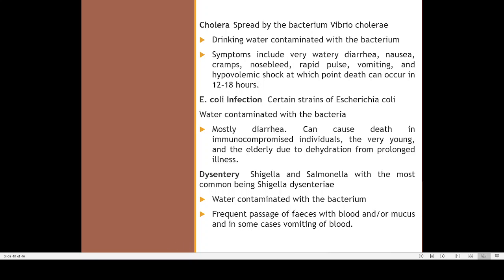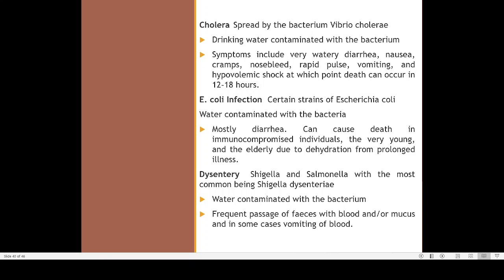So Shigella, here you can see this is the Shigella. Sometimes it is known by the name shigellosis. Here some pictures are available. We'll show you. An intestinal disease caused by a family of bacteria known as Shigella. Symptoms are diarrhea, abdominal pain, and cramping, which means contraction of muscle. Fever will be there.